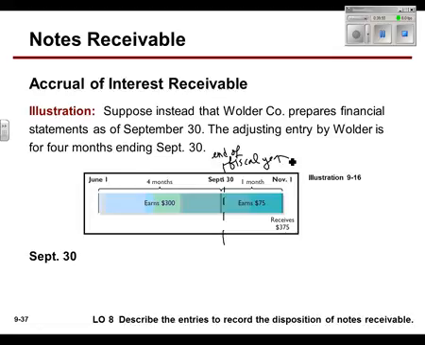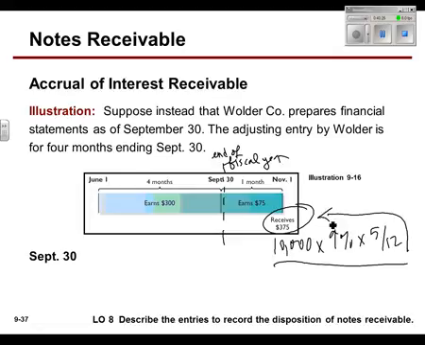We know that the $10,000 note times 9% times 5/12 is going to get us $375, because it came out on June 1st.